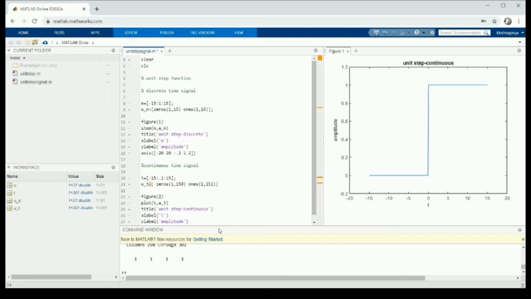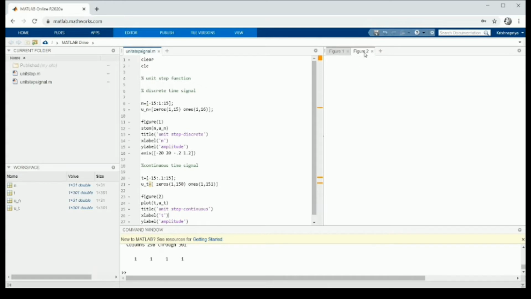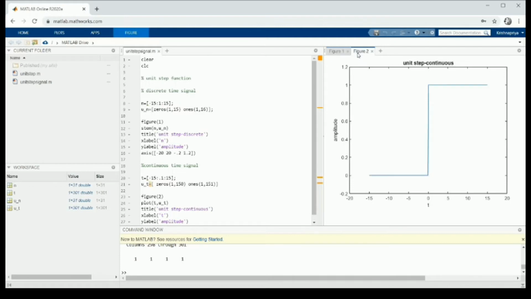After running the program, we can obtain 2 figures. My first figure will be the discrete time signal, and my second figure will be the continuous time signal. Okay, hope it is clear for all, and thank you.